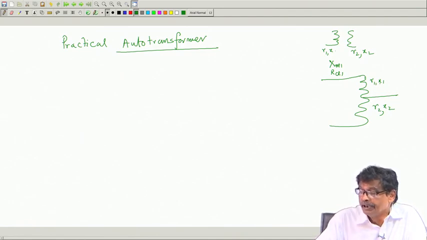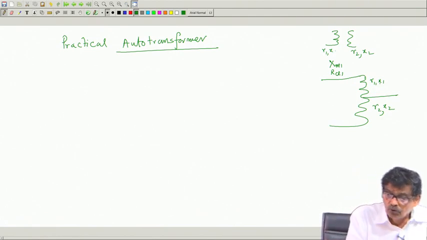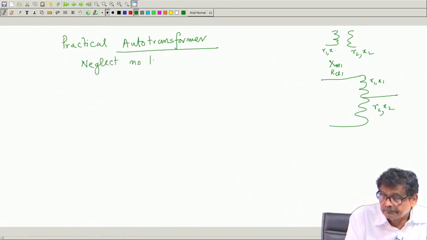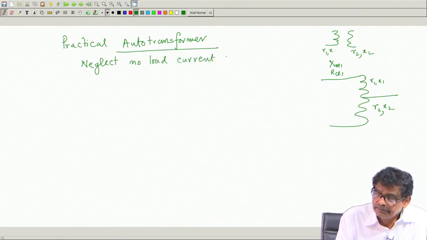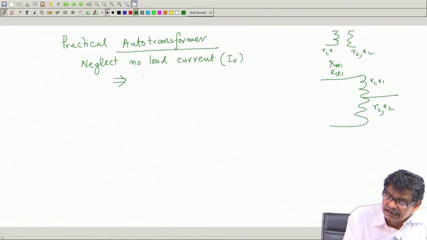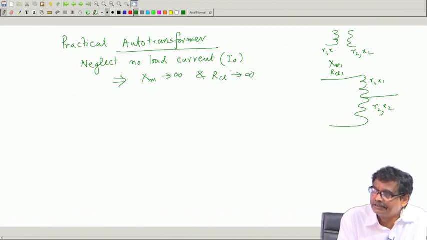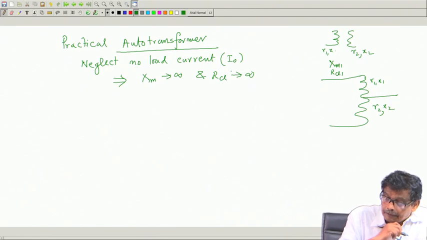First neglect magnetizing and no load current, I will tell you later how to take no load current. That means I naught is zero, which implies that X m is tending to infinity and R C L is tending to infinity.